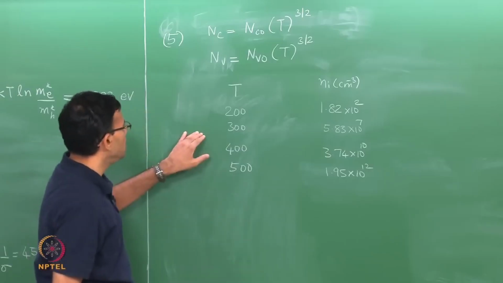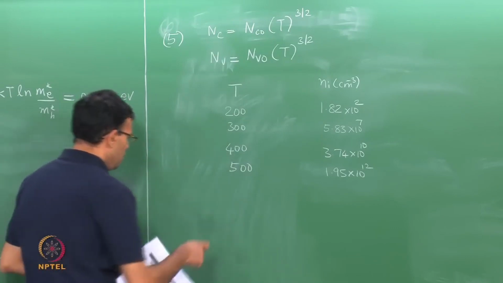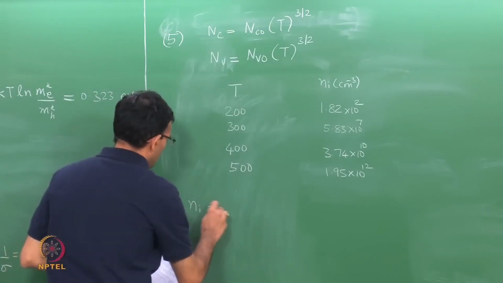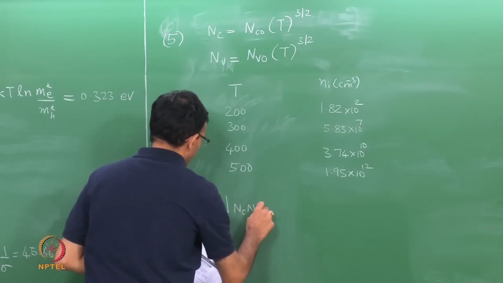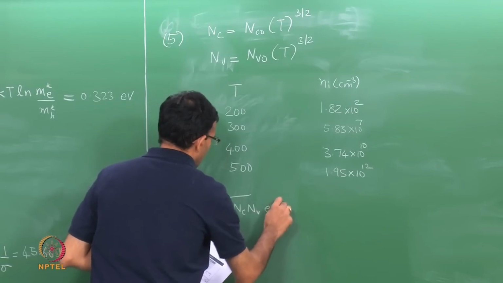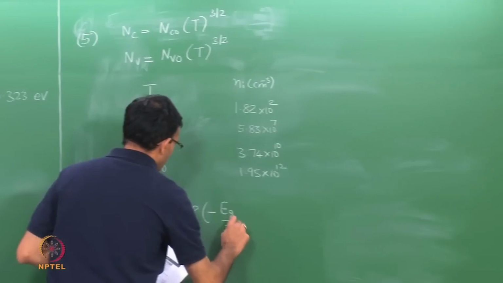So, both Eg and these two numbers are not known. You can go back to the original equation. Ni is square root of Nc Nv exponential minus Eg over 2 kT.